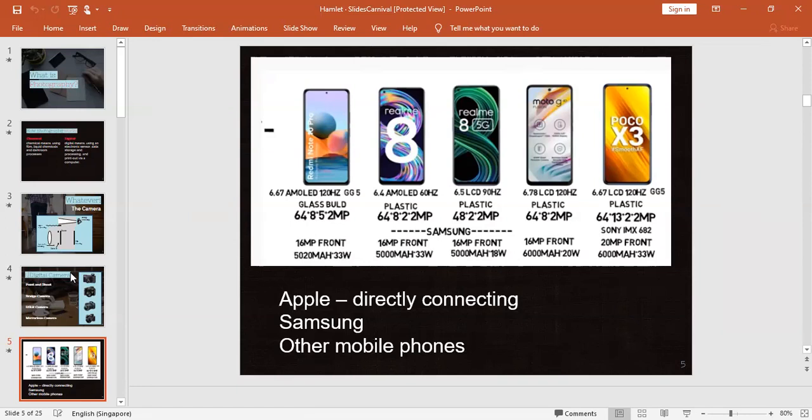When it comes to Redmi and even iPhones, we do have glass, which can get cracked, damaged and scratched. But in Realme and Motorola, and also in Poco and all, the camera lens is plastic. It does not get cracks and all, so it is crash proof, and you can use it for a long time.